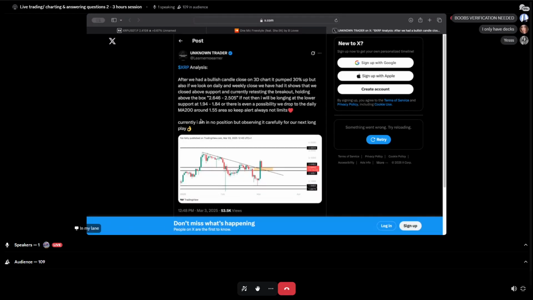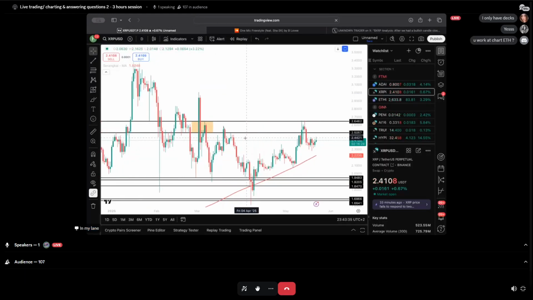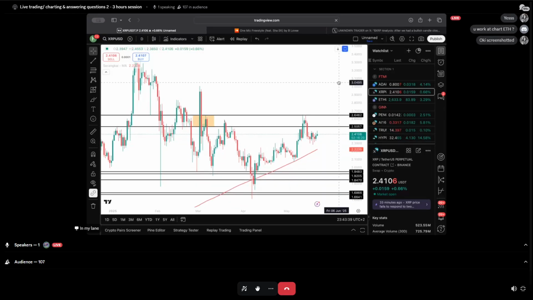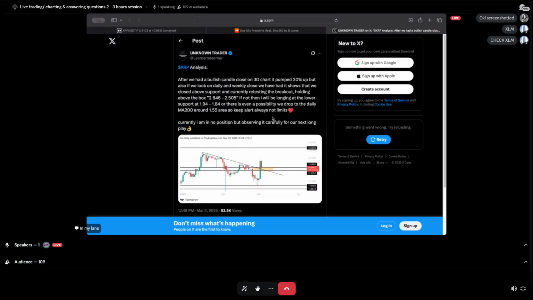It's still exactly the same chart we did before. You see? We still haven't broken the key level. There's nothing to do. We're still below resistance. We're in this range. When you break out, then expect $3.6. Like I said before, here.